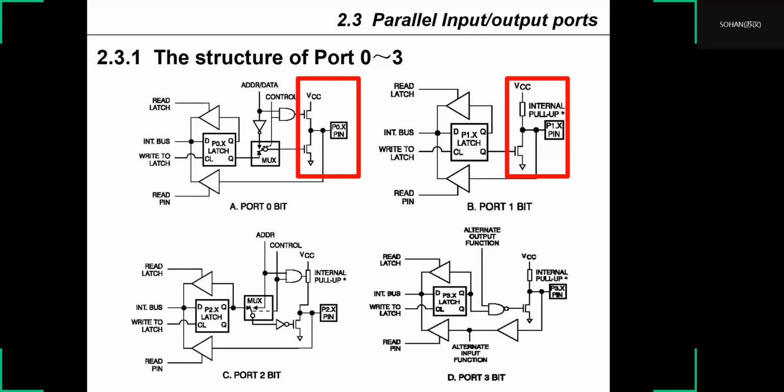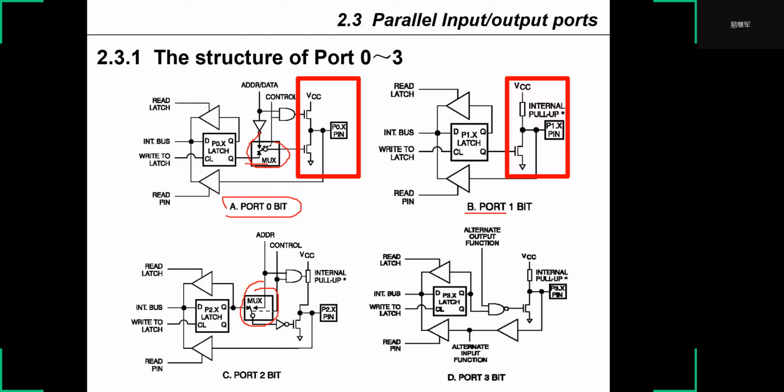Okay. This is port 0. Here is a multiplexer. But port 1, 2, 3 are different: no multiplexer. Port 0 has a multiplexer, and port 2 has a multiplexer. What's the multiplexer for?